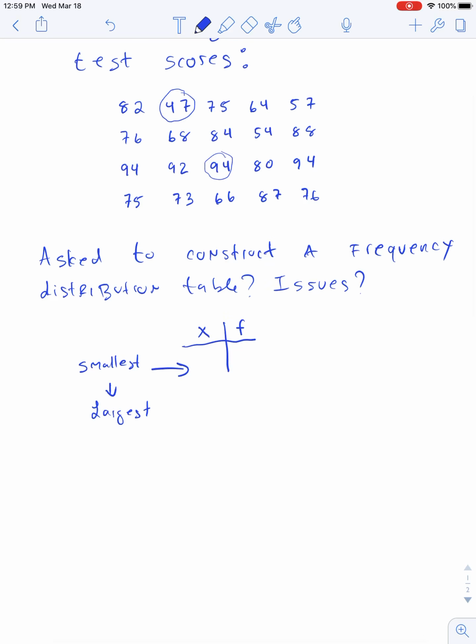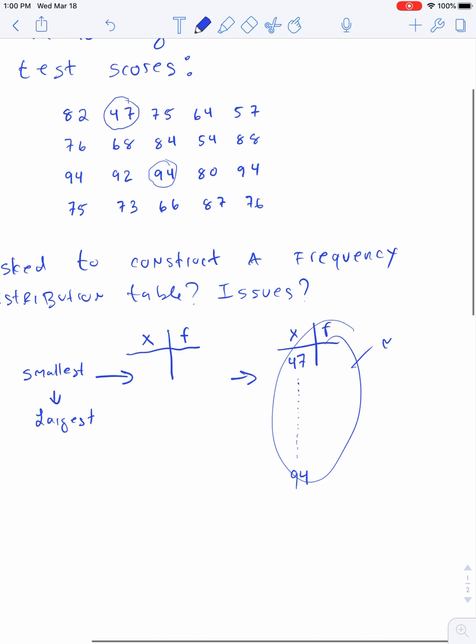So if we were to construct a frequency distribution table, we would have 47 first, and we'd have to go all the way down, including every single number, to 94. By doing this, we end up getting more numbers than our original data.